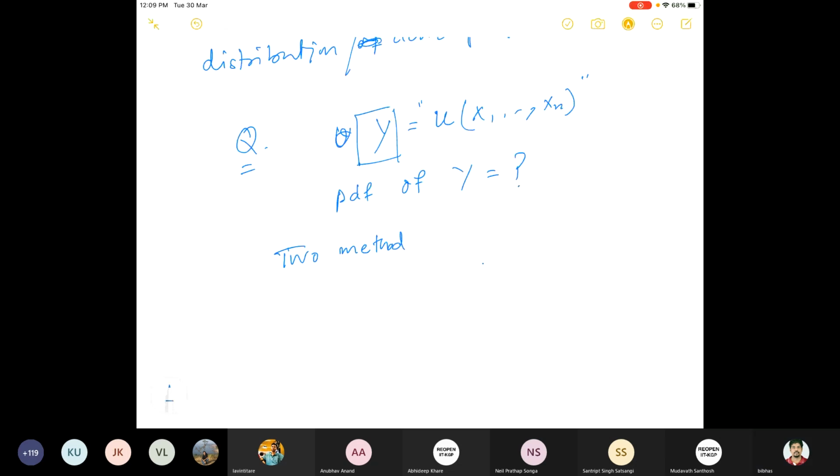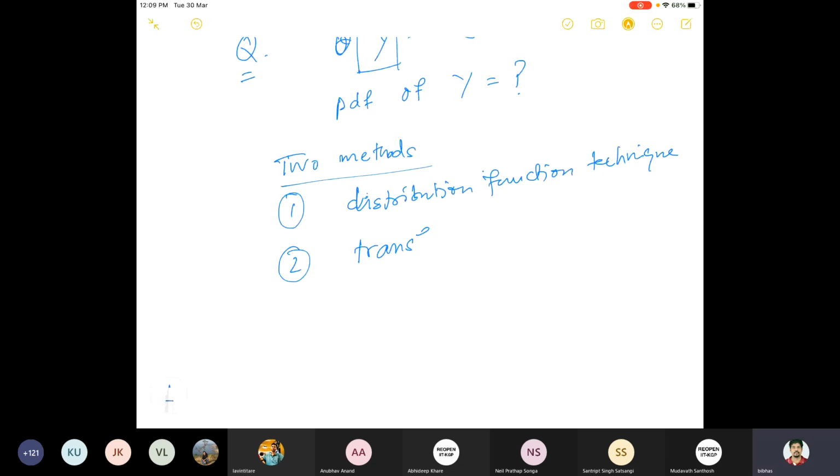One is called the distribution function technique, and another one is called the transformation technique.